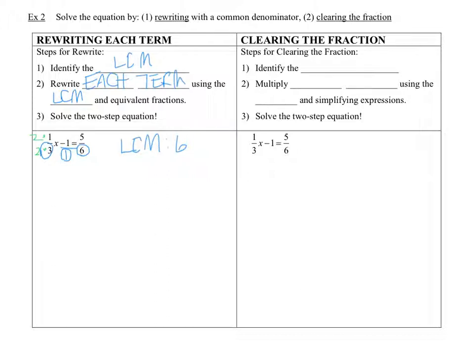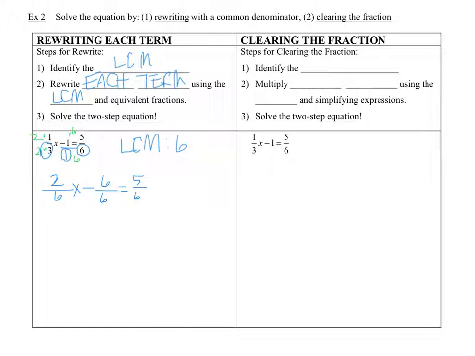So we get 2 times 1 is 2 over 2 times 3 is 6, x. Looking at the second term, we have 1/1, and to get to 6, we need to multiply both numerator and denominator by 6, and we get 1 times 6 is 6, and 1 times 6 is 6. We're setting that equal to 5/6, which we don't need to do anything to, as it already has the common denominator.